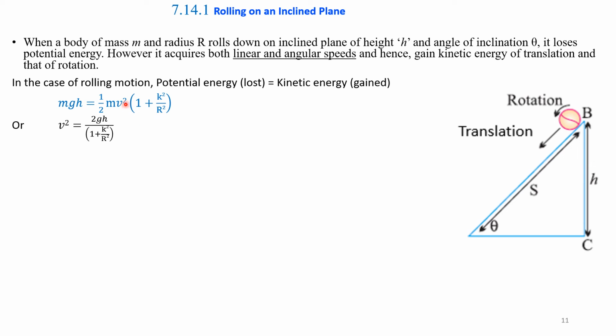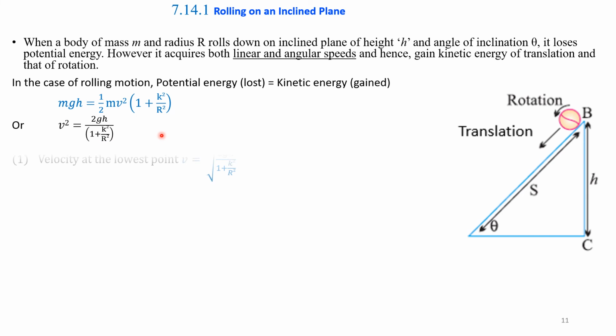Simplifying, cancel m on both sides, and evaluate for v. We get v² = 2gh divided by (1 + k²/R²). Here v is the linear velocity, g is the acceleration due to gravity, h is the height, k is the radius of gyration of the body, and R is the radius.